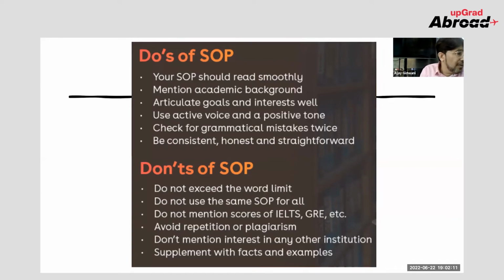someone has asked about not using the same SOP for all. Yes, it means that even if I am applying to a single university for multiple courses, it cannot be a repetitive SOP. It has to be a different SOP about my hobby and interest. Please understand this. Let's take an example.